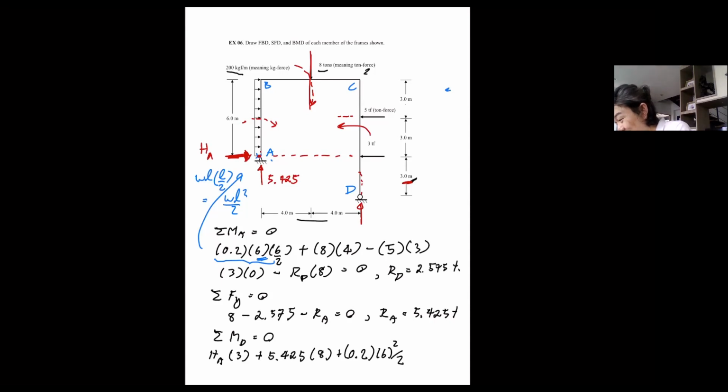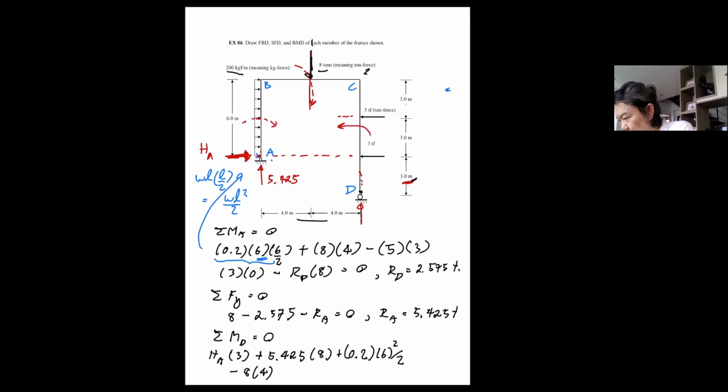Okay, and then minus 8 multiplied by 4. This term is the moment caused by this point load around point D, right?